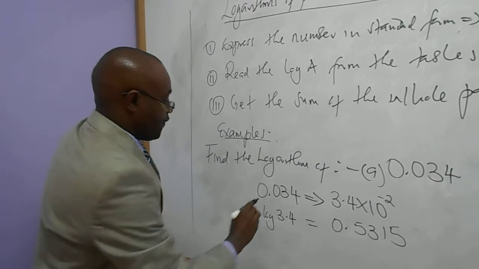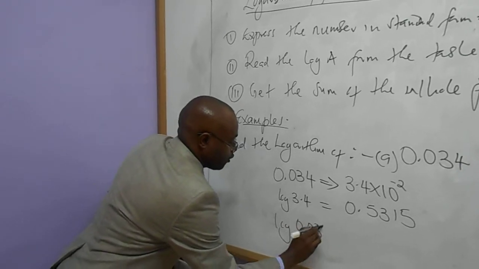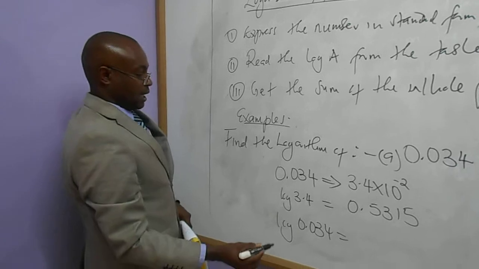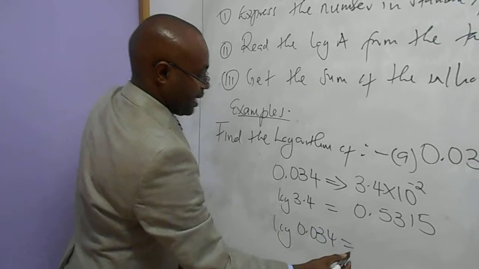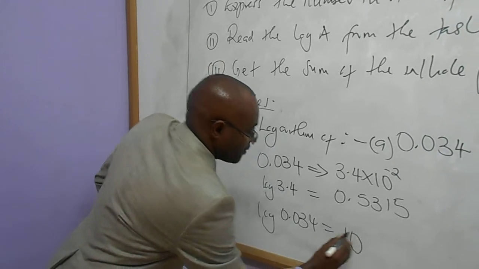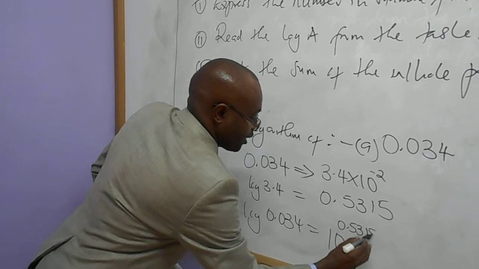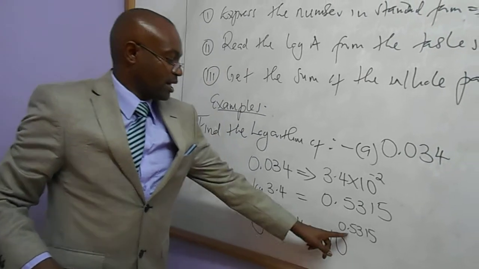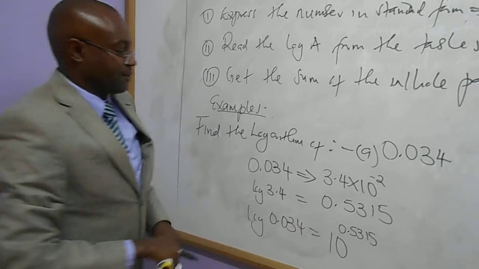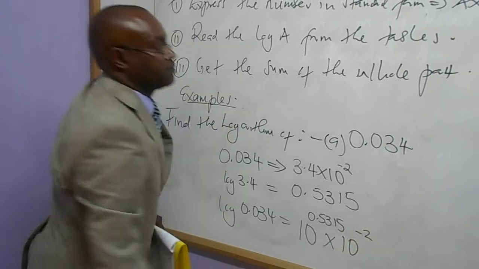Therefore, the log of 0.034 is the same as the logarithm of 3.4, which means 10 raised to 0.5315, times 10 raised to negative 2.